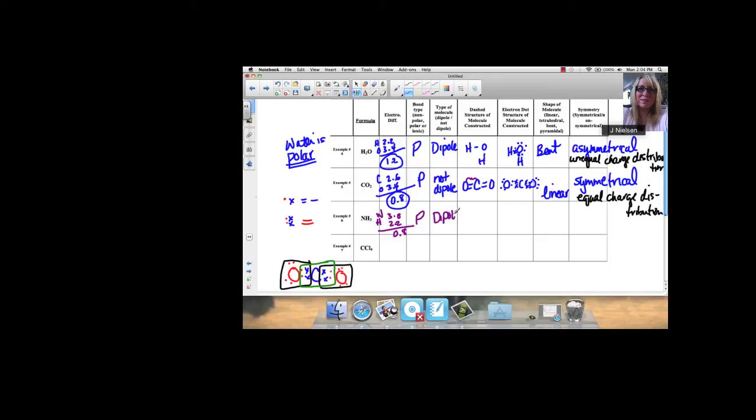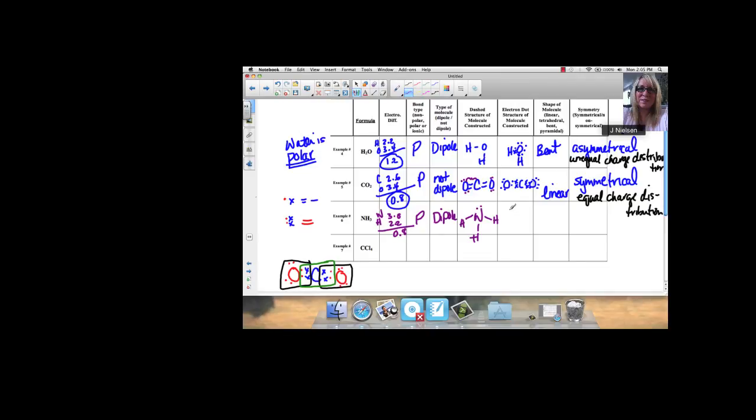Because when I draw it, I've got a lone pair here, NH3. This is what it looks like. Okay, I can put my lone pairs here, but I didn't. But that has lone pairs on it as well.